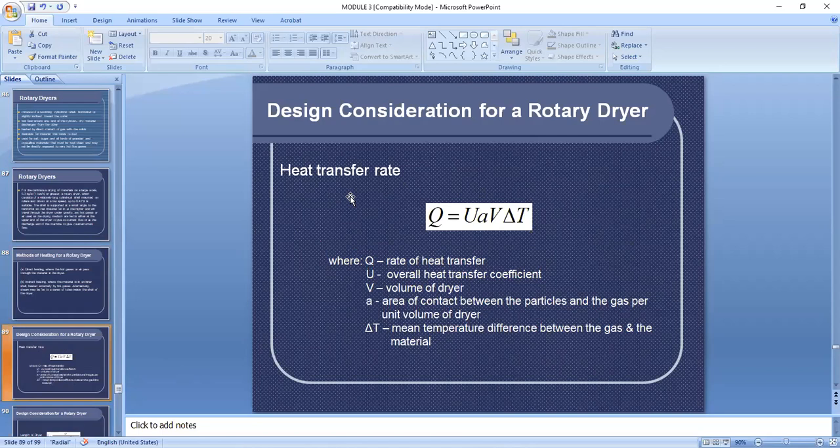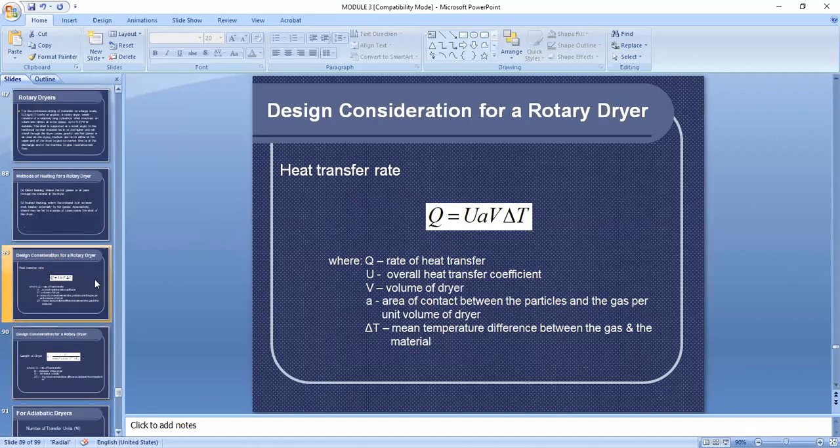Take note, this is per unit volume of the dryer, so it has a unit of area over volume. And ΔT is the mean temperature difference between the gas and the material. That's for the amount of heat that is transferred, or the heat transfer rate.